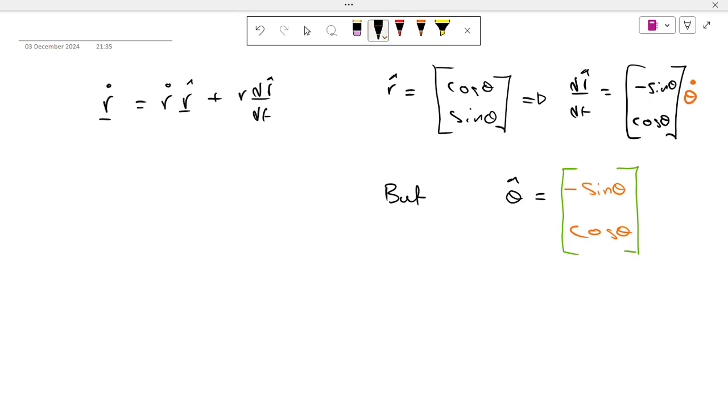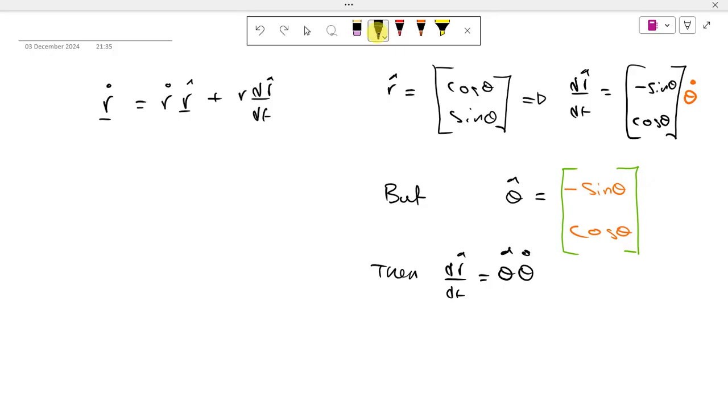But we've written it as a vector, which is all that is. Then dr hat by dt is equal to theta hat times theta dot. So we've just substituted this theta hat into there, right?